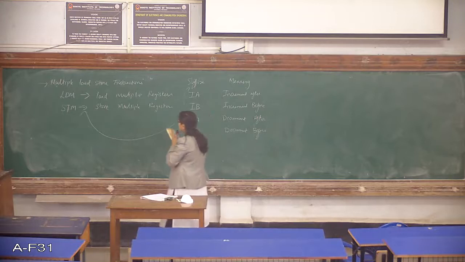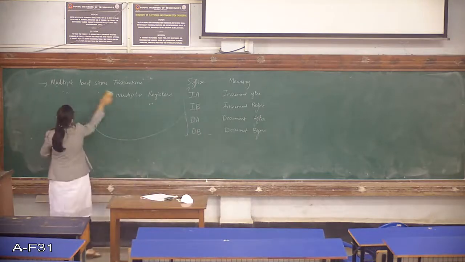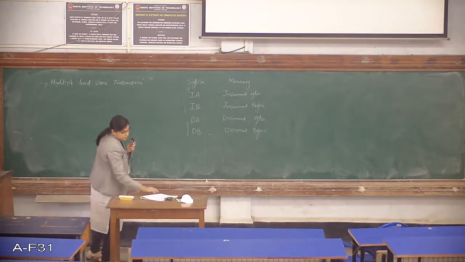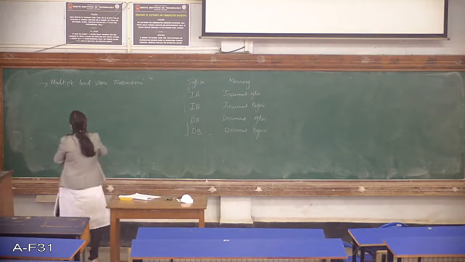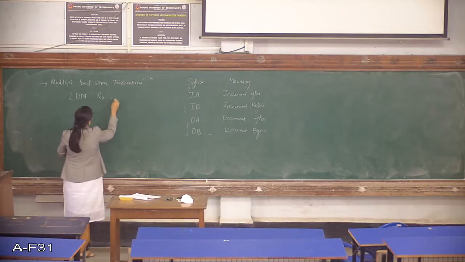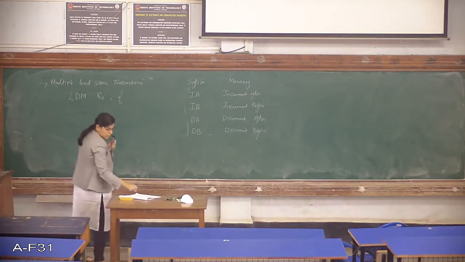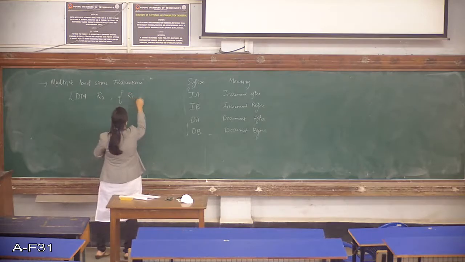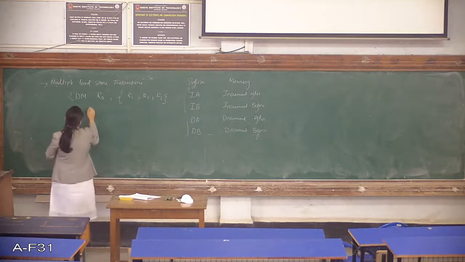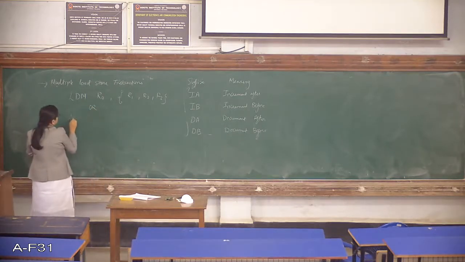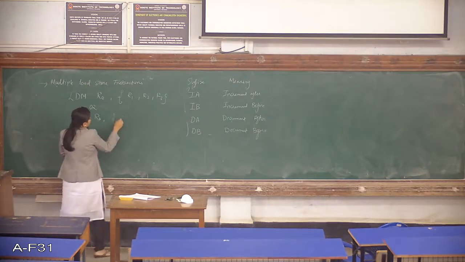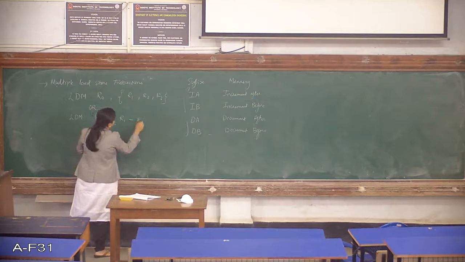Let us take an example of LDM. If I write LDM R0, comma, R1 comma R2 comma R3, or I can also write this instruction as LDM R0 comma R1 hyphen R3.